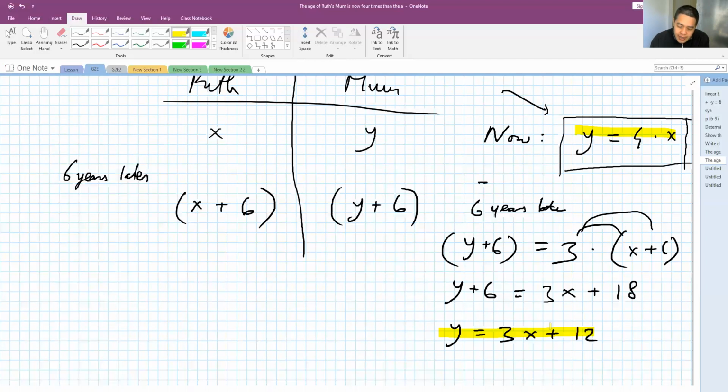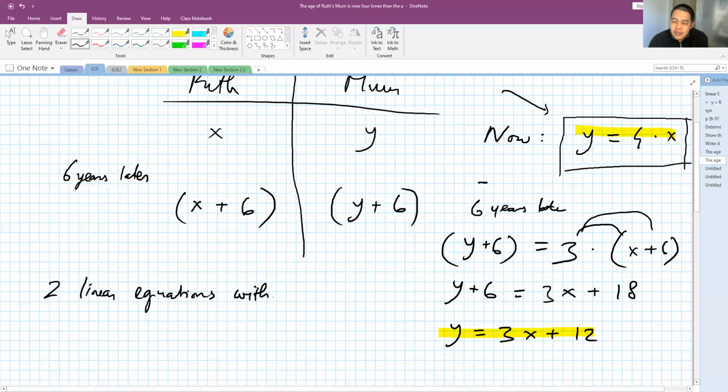So my goal now is how to solve this kind of linear equation. Now we have two linear equations with two unknowns.